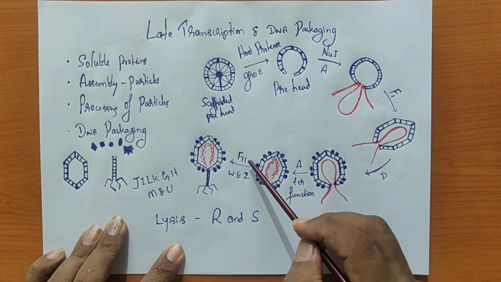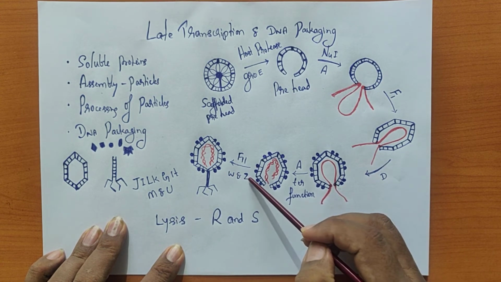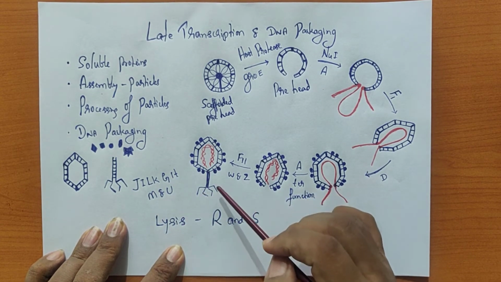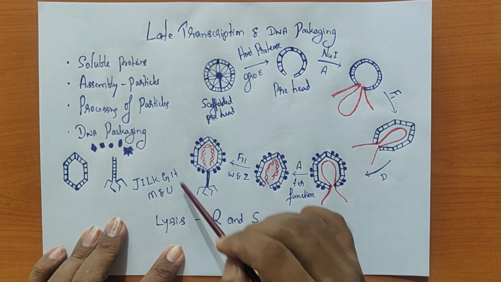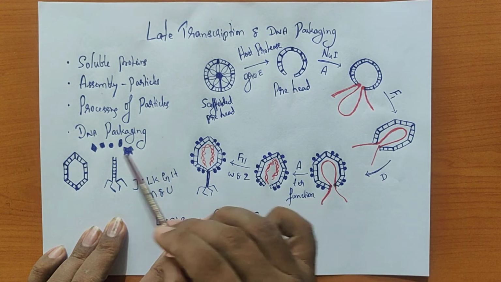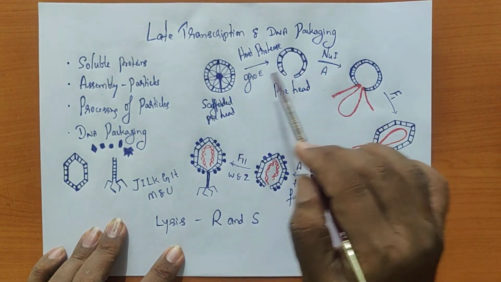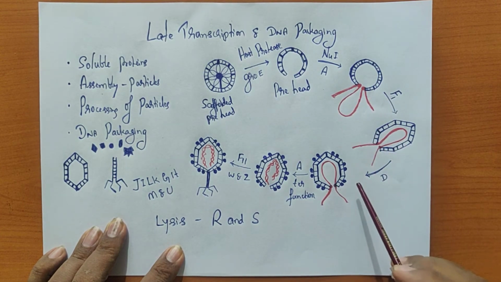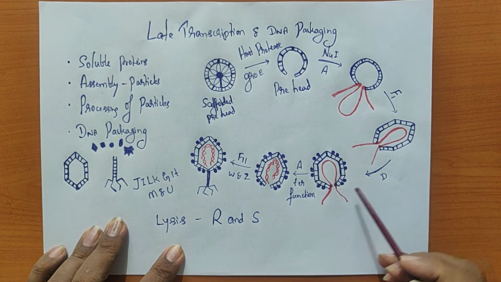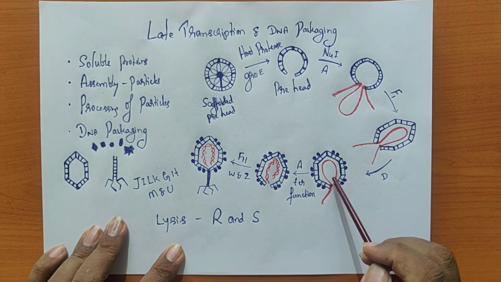Now with the help of F2 gene, W and Z gene product, the head and the tail are going to be assembled. Alright. Now this is how in case of a late transcription, proteins are synthesized and they are going to be assembled and processed. While processing, the DNA is going to be packaged in. Then after that there is some more additional processing of DNA. Then that gives a definite shape of a head which is hexagonal.